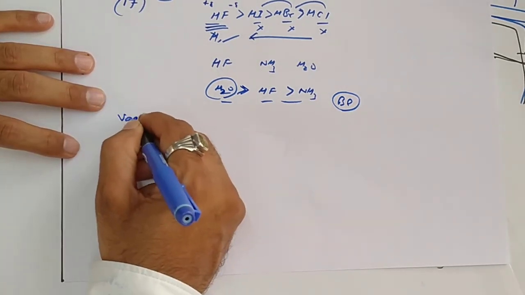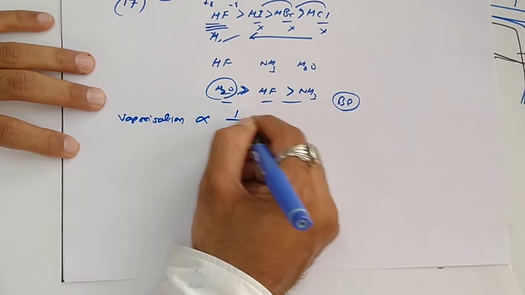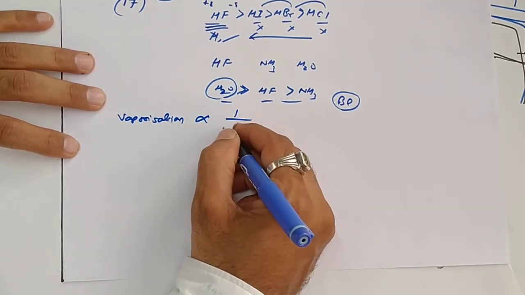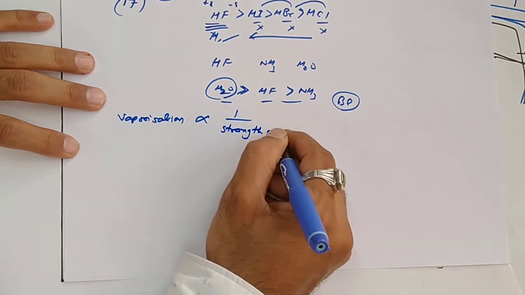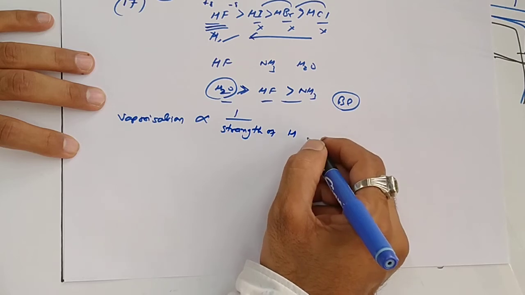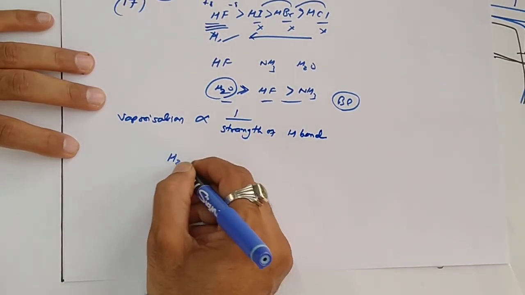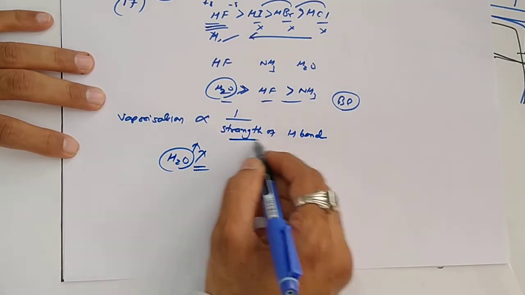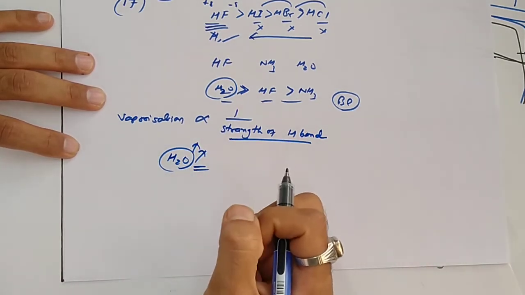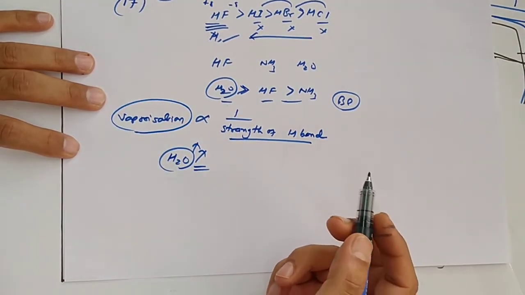Now vaporization is inversely proportional to the strength of hydrogen bond. Vaporization of water is less due to hydrogen bonding. Whenever hydrogen bond is stronger, vaporization is less.